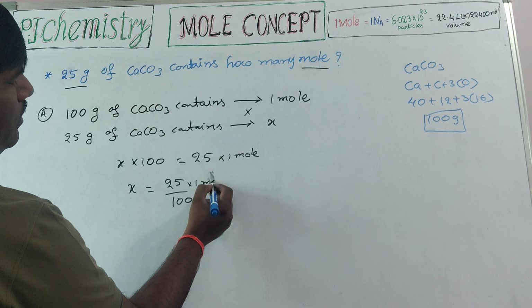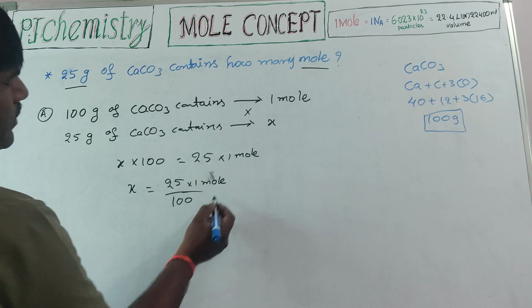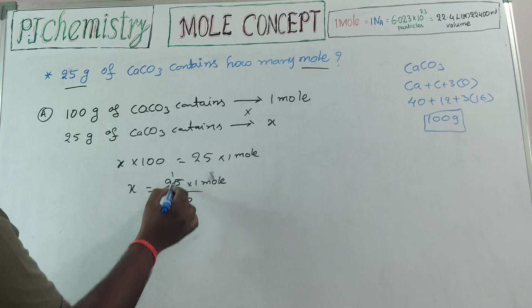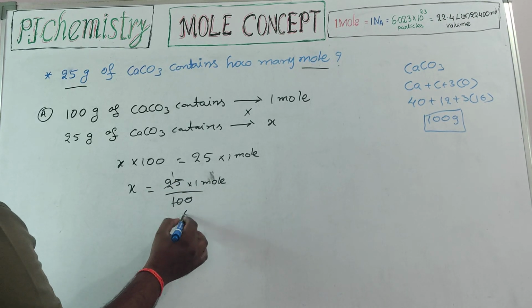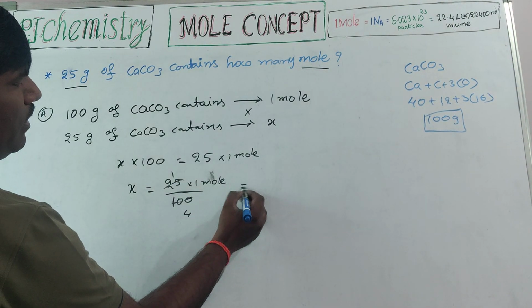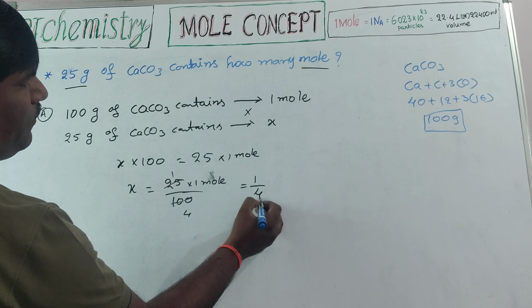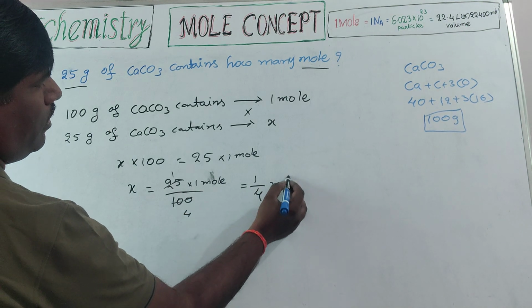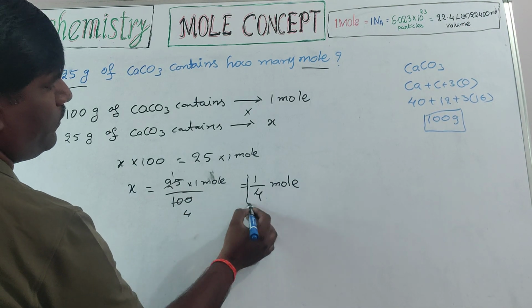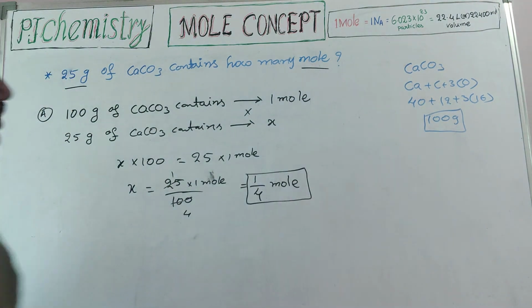If you simplify it, 25 ones are 25, 25 fours are 100, means 1 by 4 mole. Then simplify: 0.25 mole. Okay, children, understood, right?